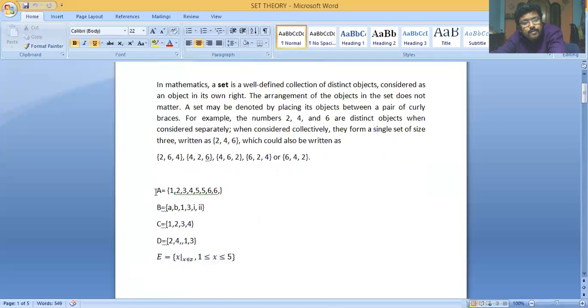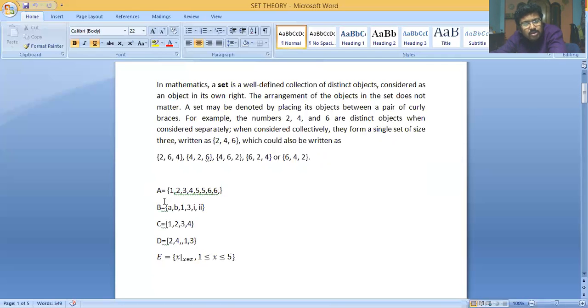A and B are not sets. In A, 1, 2, 3, 4, 5, 5, 6, 6, the 5 and 6 are repeated several times, so this is not a set in the true sense.